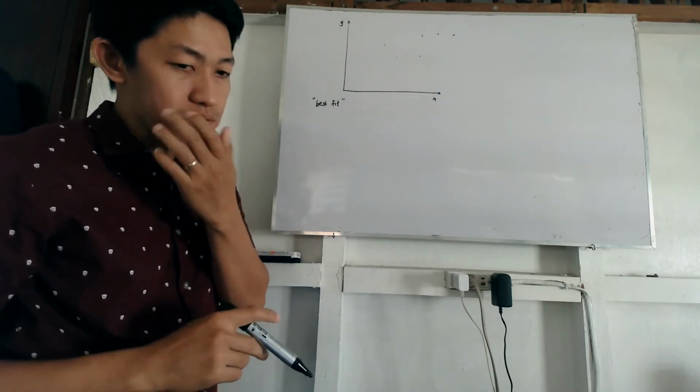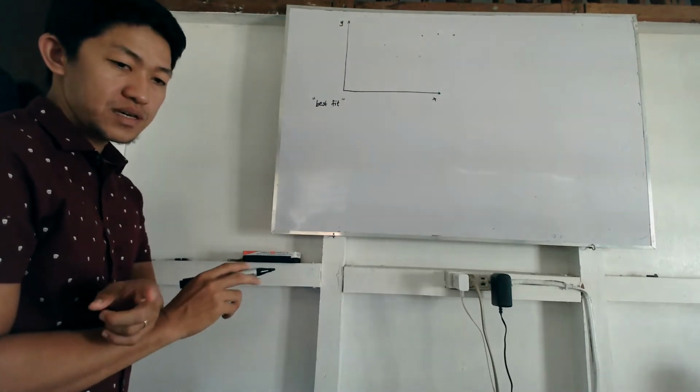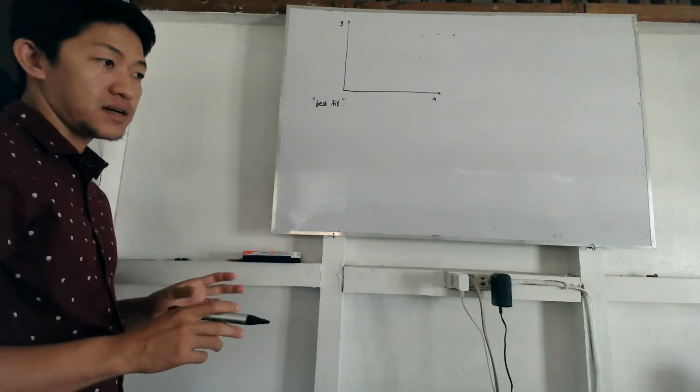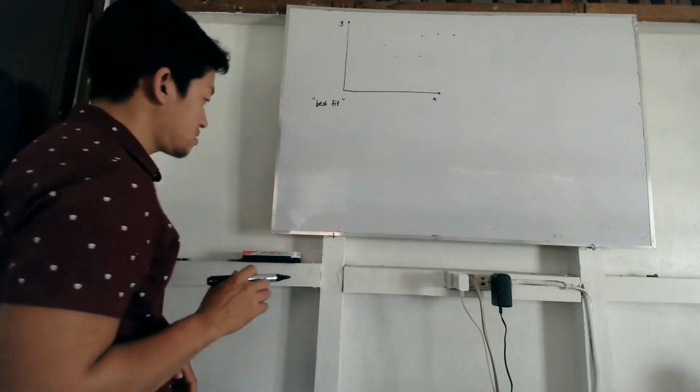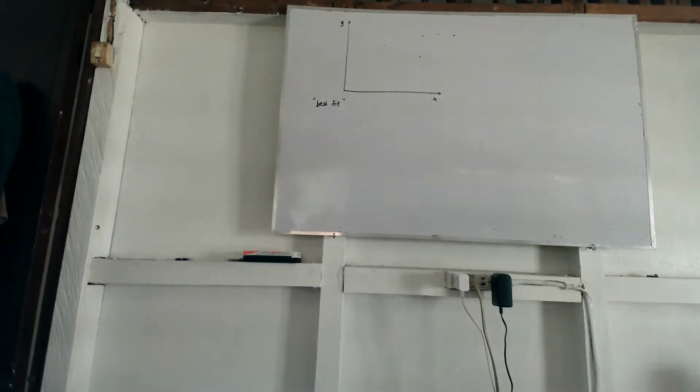What we'll do in the least squares regression is you will do this graphically. First, you get a ruler.